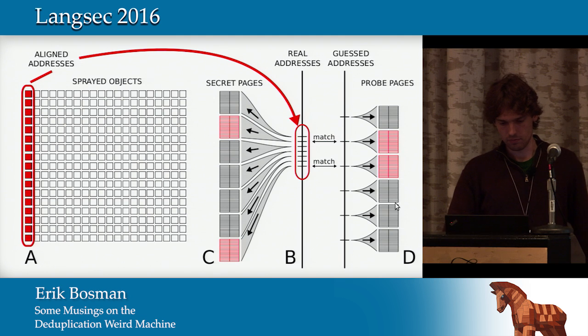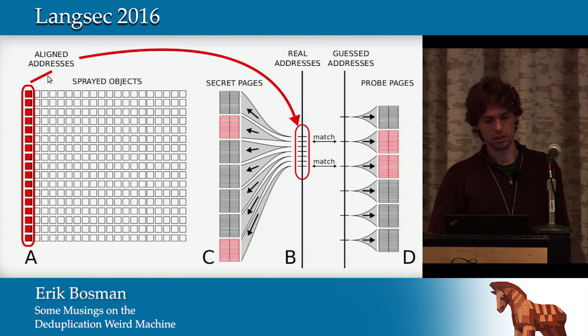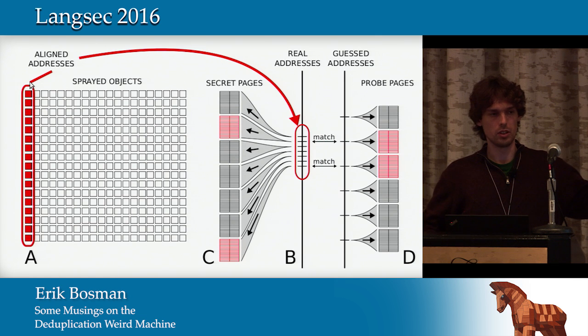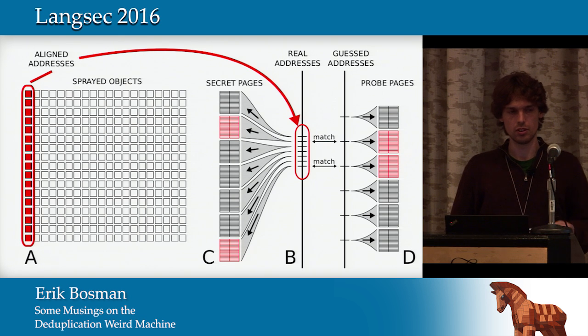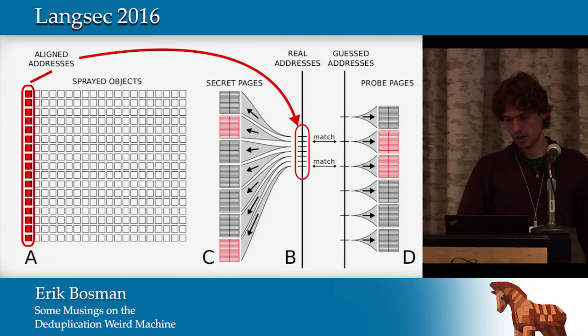In practice, we have a side channel where we leak objects on a megabyte boundary, so we know the least significant bits.